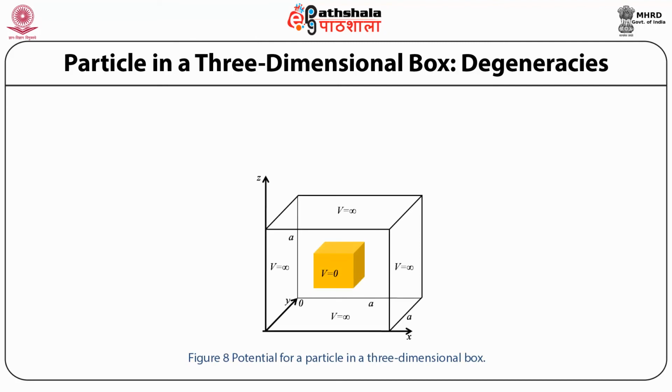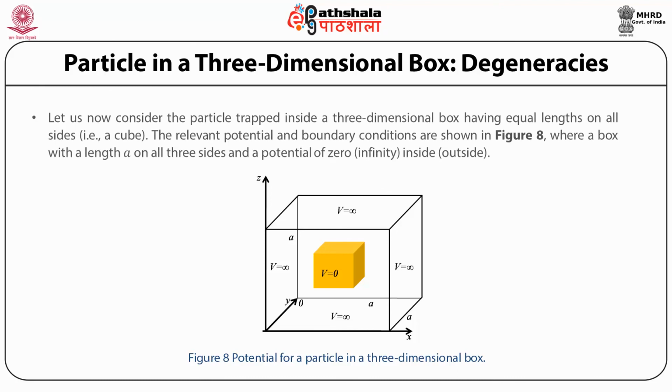Particle in a three-dimensional box. Here also there are degeneracies. Let us now consider the particle trapped inside a three-dimensional box having equal lengths on all the sides, that is, a cube.